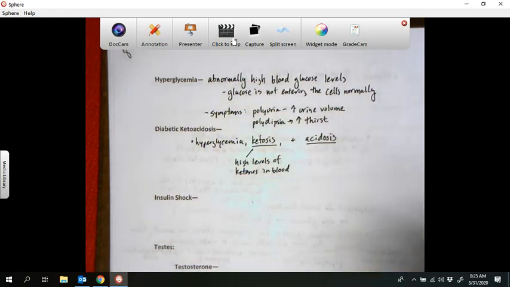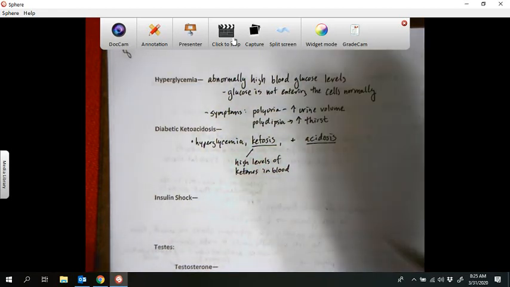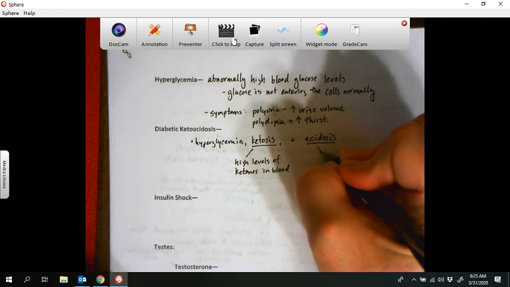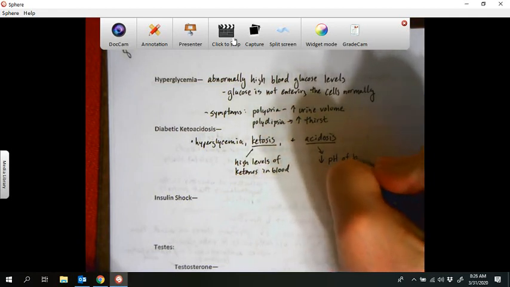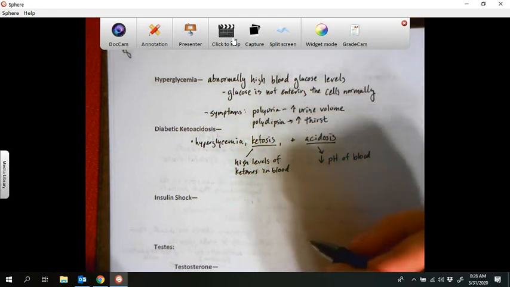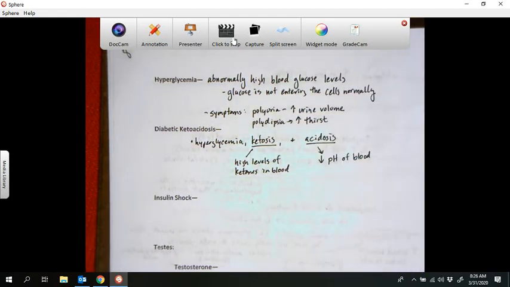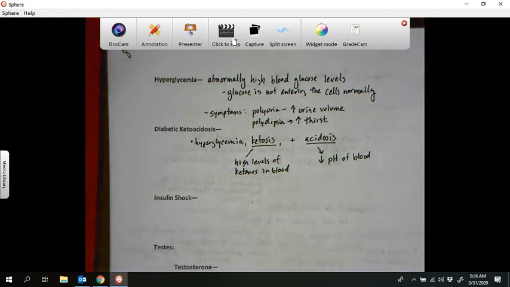And that's due to those fatty acids being broken down. And acidosis is a decrease in the pH of blood, because ketones are acidic in nature. And if the pH decreases too much, our blood does have a buffer system in it that helps us with small changes in pH, but big changes in pH can also be deadly.